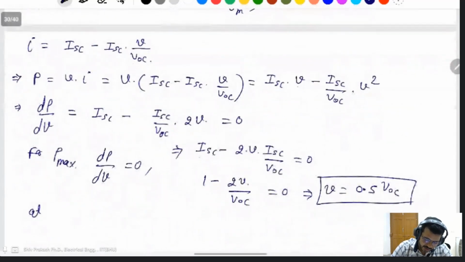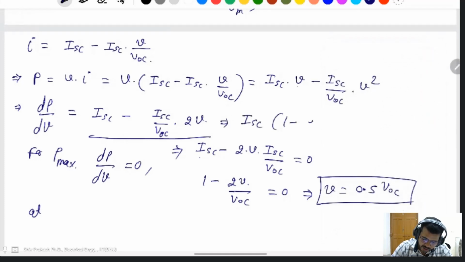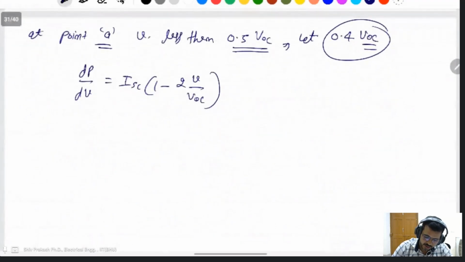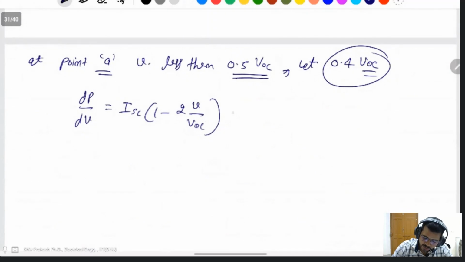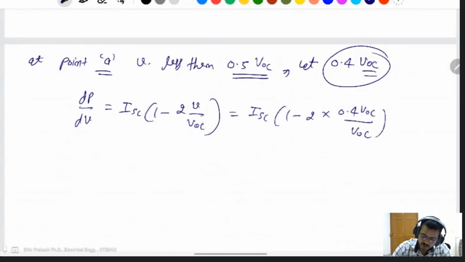From the equation, if you take ISC common, you get 1 minus 2V divided by VOC. At point A, V is equal to 0.4 VOC, so ISC into 1 minus 2 into 0.4 VOC divided by VOC, VOC cancels out. dP by dV is equal to 0.2 ISC.